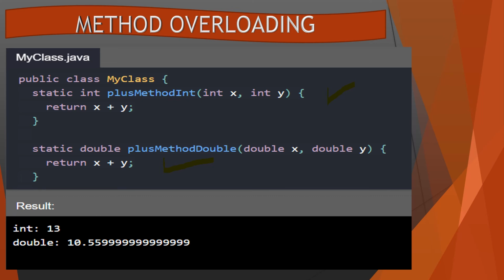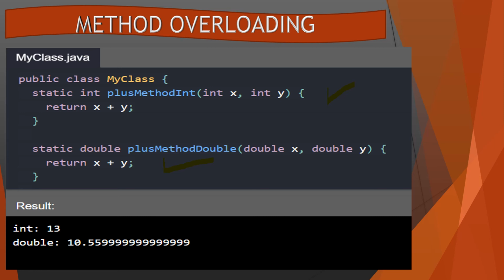Instead of defining two methods that should do the same thing, it is better to overload one. Note that multiple methods can have the same name as long as the number and or type of parameters are different. Again, in the plus method int, we have the int x and the int y.